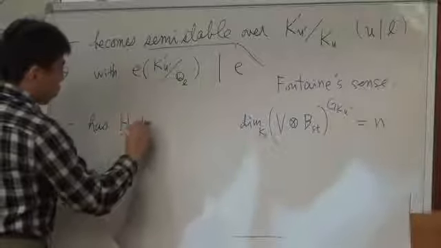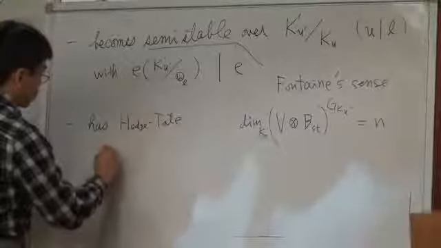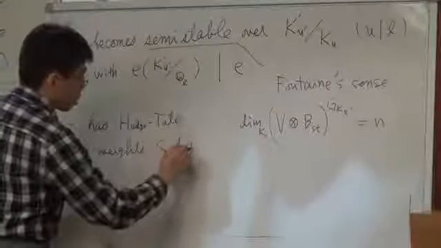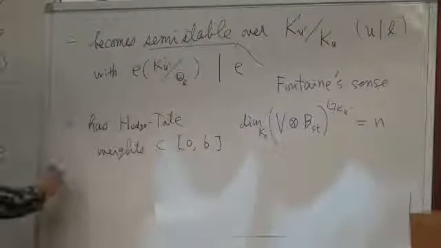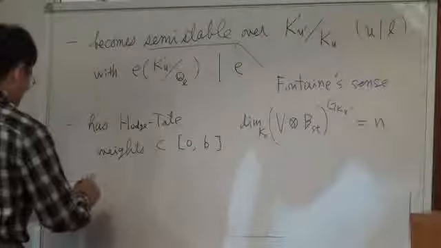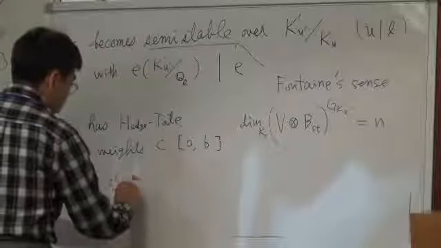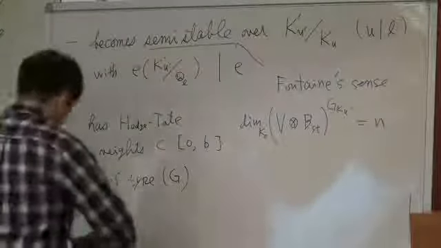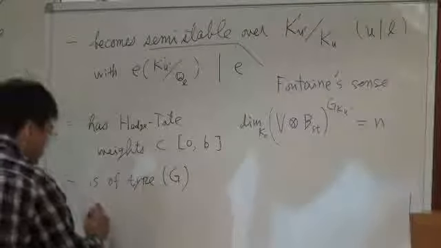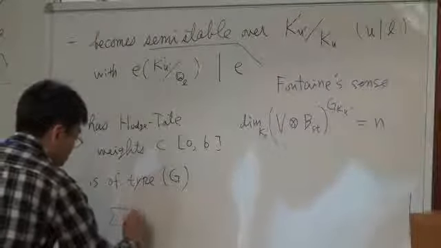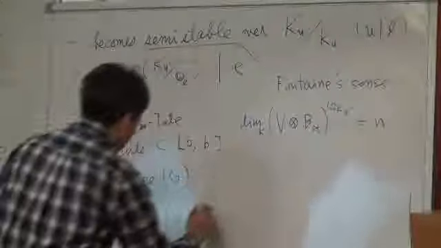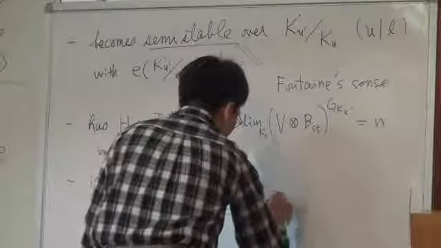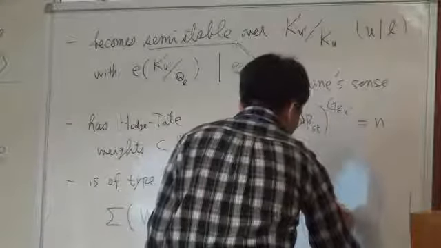So V has Hodge-Tate weights in a bounded interval, and V is of type G, and this condition says that the sum of Weil weights of V equals 2 times the sum of Hodge-Tate weights of V.